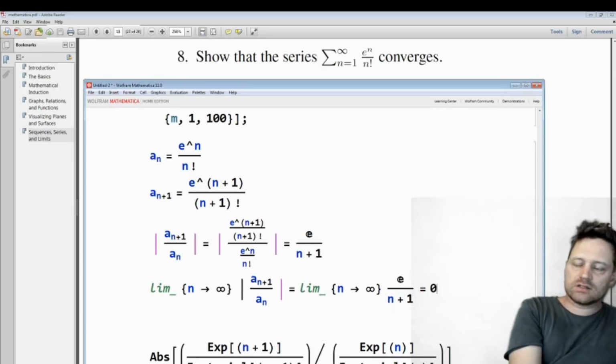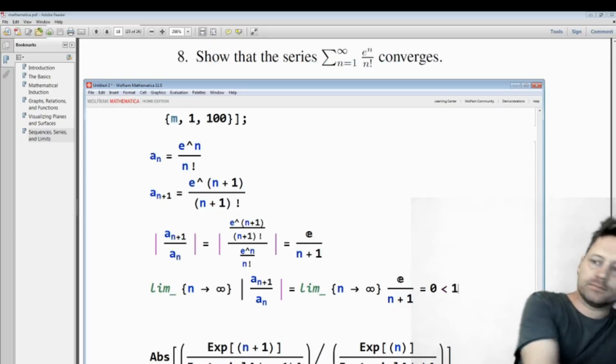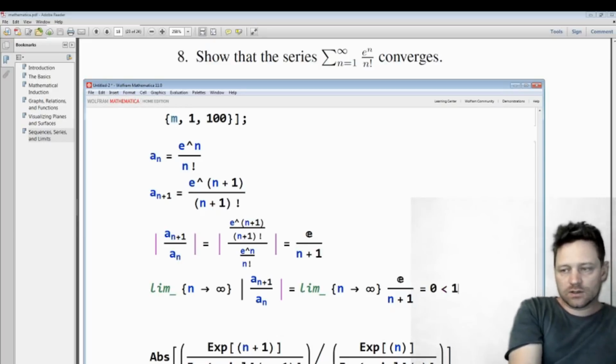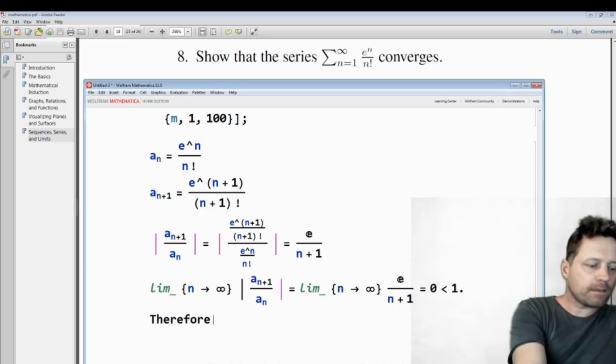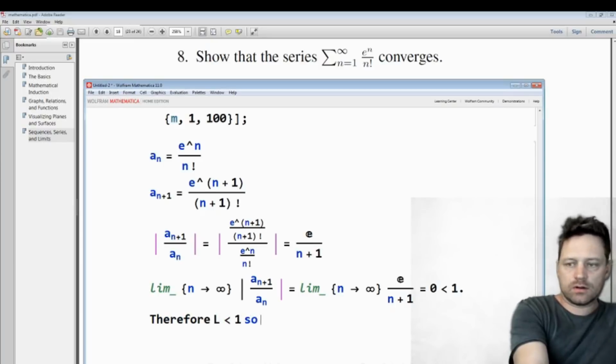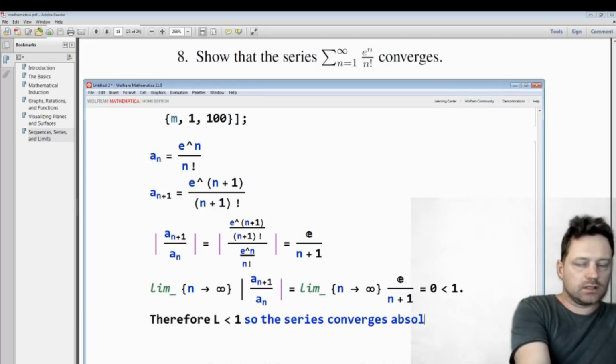Now 0 is less than 1, so we can conclude, therefore, that L is less than 1, so the series converges absolutely.